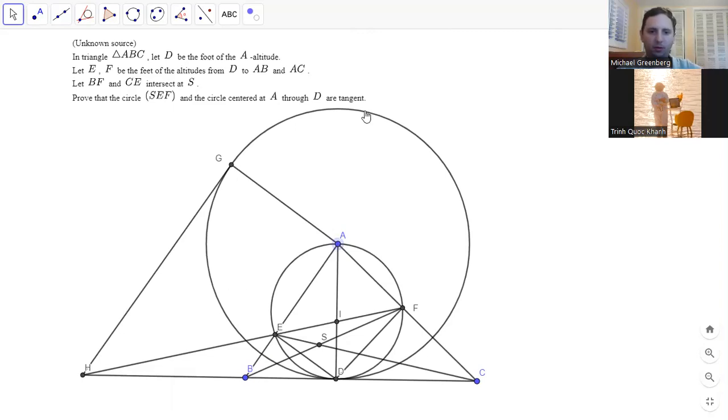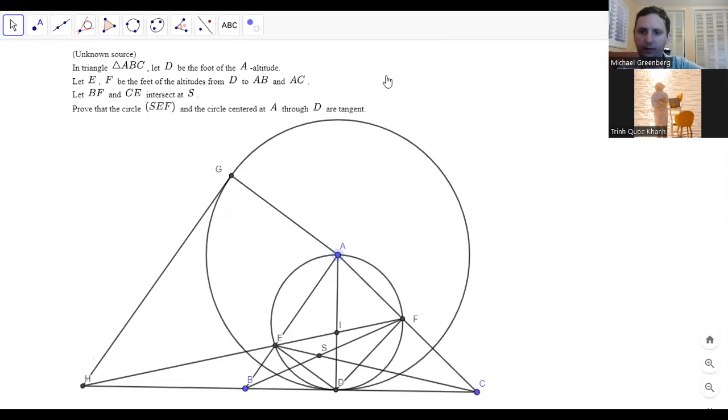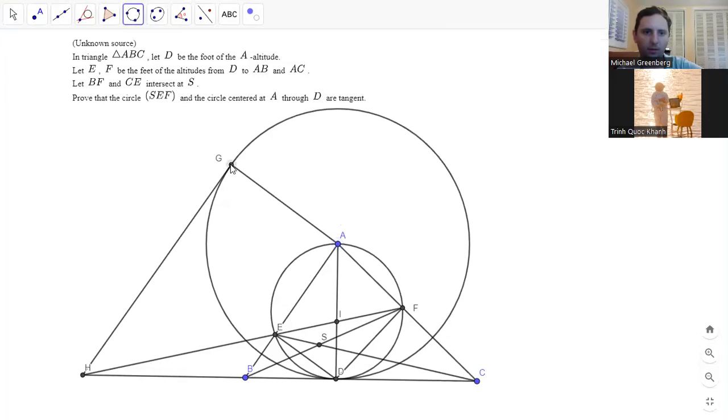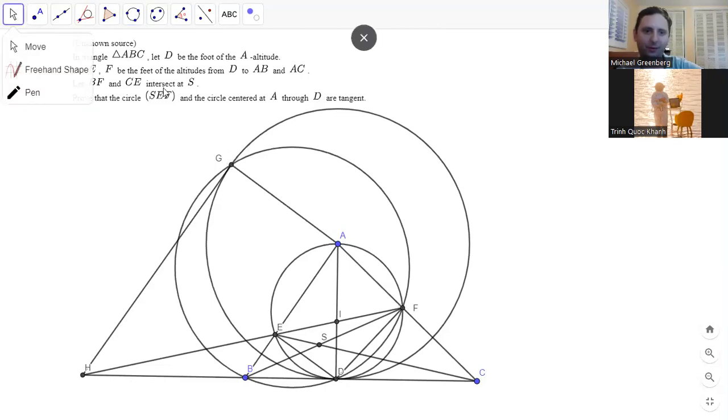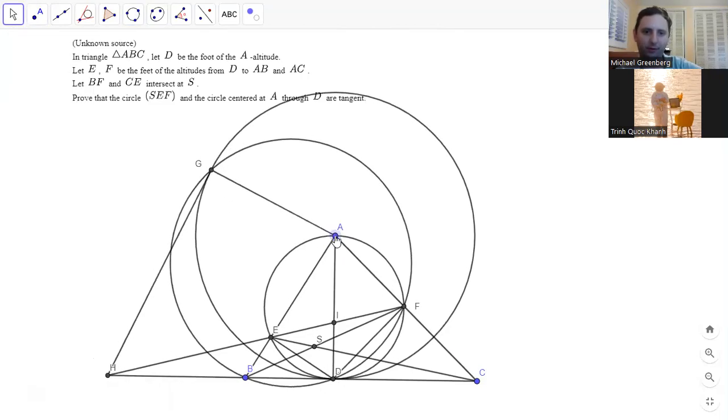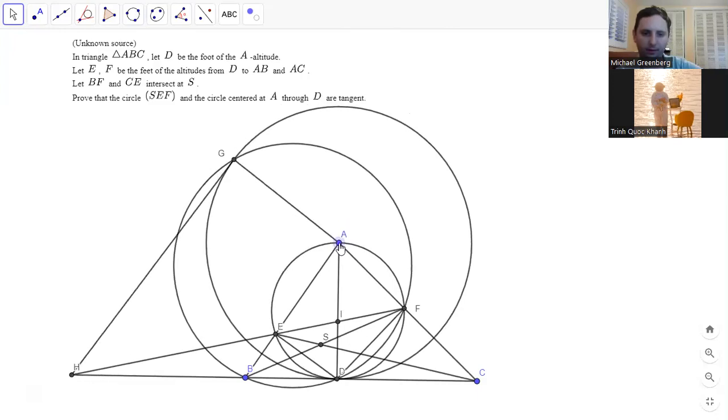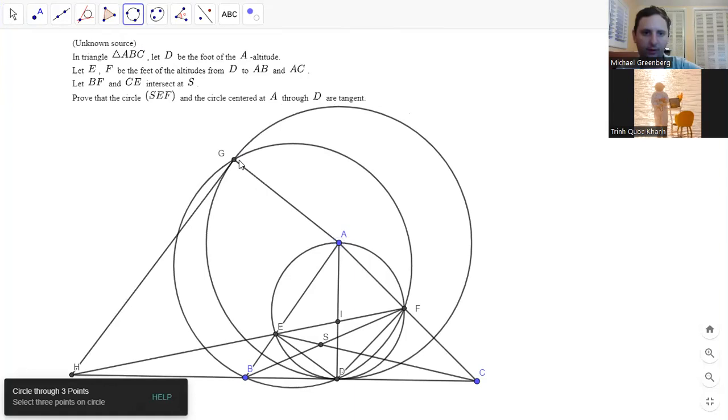So we know, let's see, is GFDB cyclic? Yes. How did you figure that out, or did you just try to check it? And then that means that GEDC also has to be cyclic.